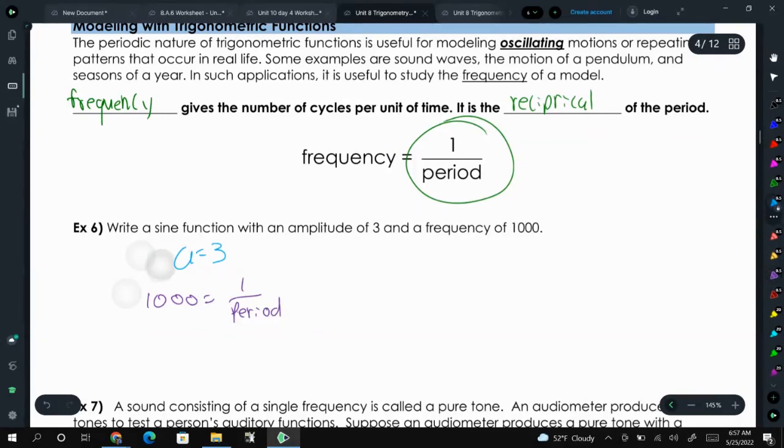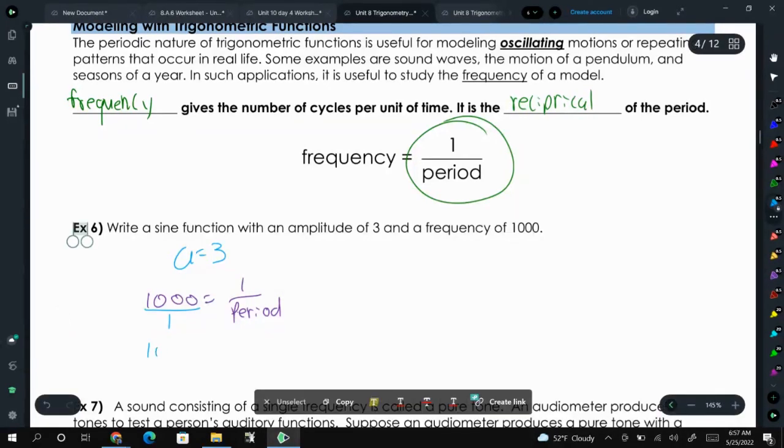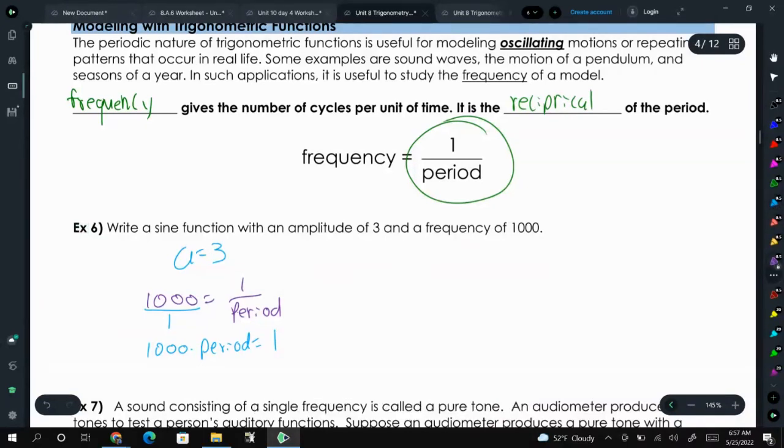And if we cross multiply here, we get 1,000 times the period equals 1. Divide both sides by 1,000, and your period is equal to 1 over 1,000.